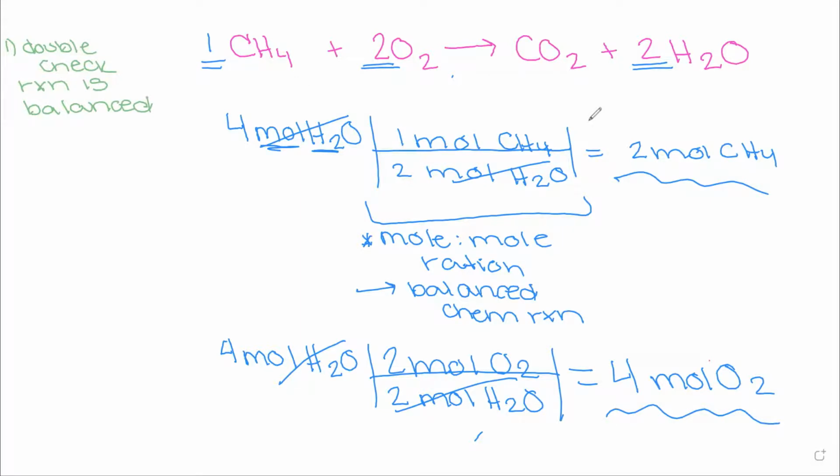So let's go ahead and look at a problem that is a little bit more difficult because we'll be adding mass in here. So let's stick with the same equation that we had before. So we have CH4 plus 2O2, and we are going to produce carbon dioxide and 2 moles of water.